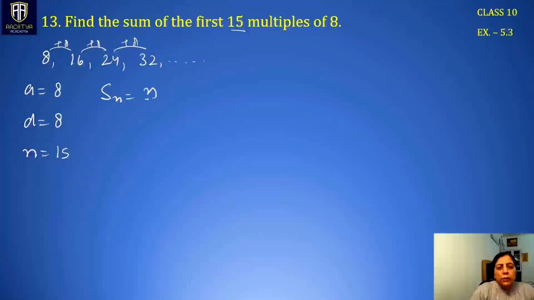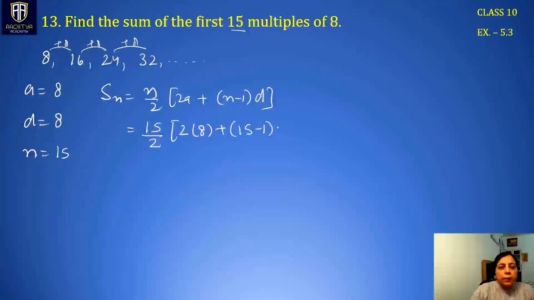The formula for Sn is n by 2 times 2a plus n minus 1 times d. N here is 15, so 15 by 2 times 2 times a, where a is 8, plus 15 minus 1 multiplied by d, which is also 8.